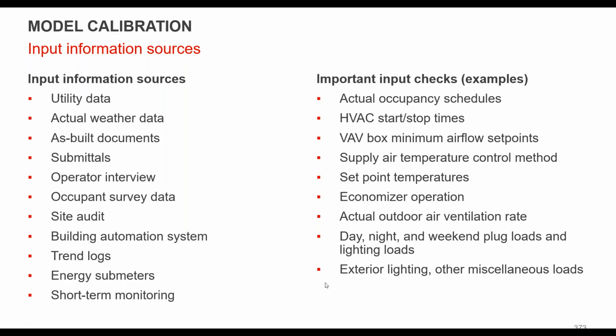So things to check, again, all fairly consistent with what we've talked about before, but a lot of things that really do have a big impact in existing buildings are schedules. Obviously, those are big ones in terms of when stuff's turning on and off. Set points, minimum set points on boxes for VAVs. Outdoor air control generally is an issue in older buildings when you're trying to calibrate them.